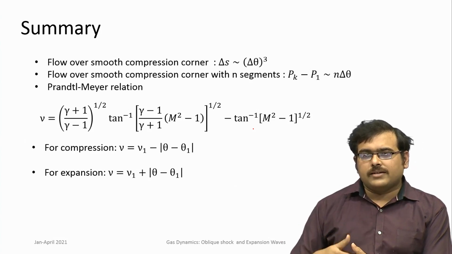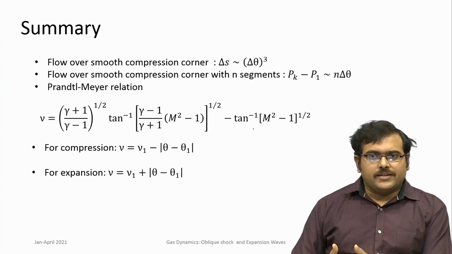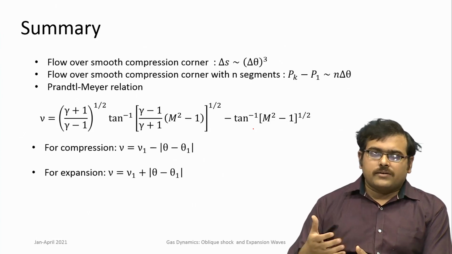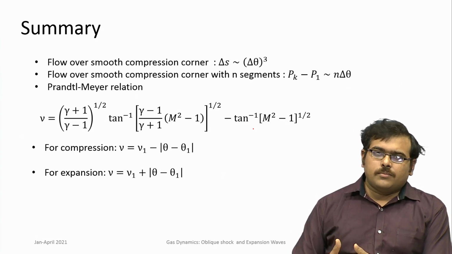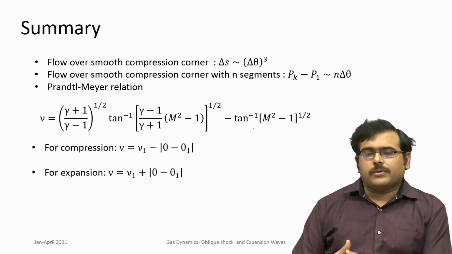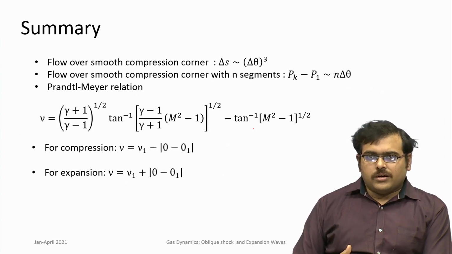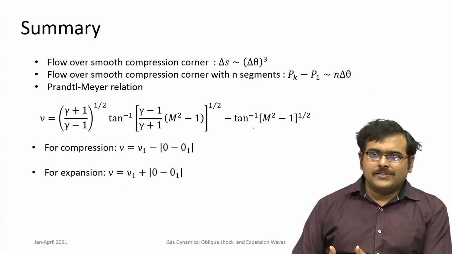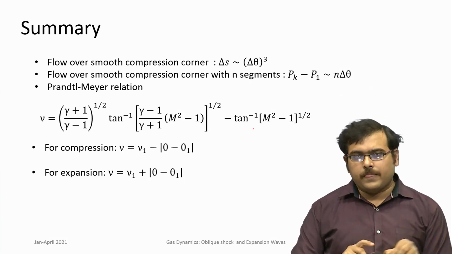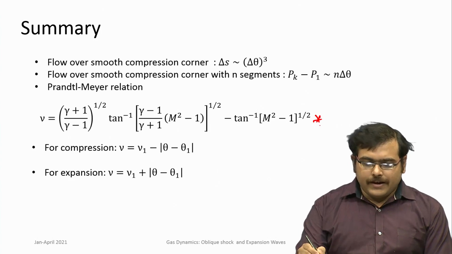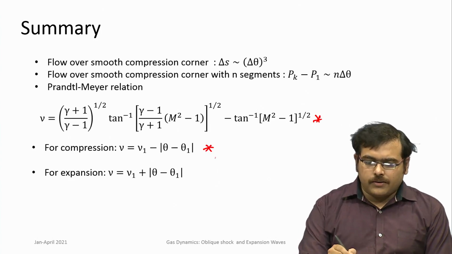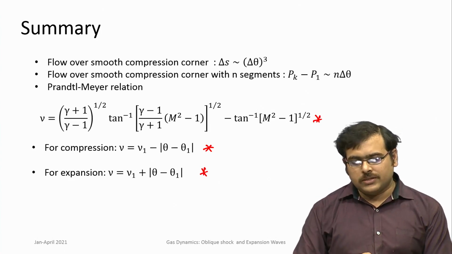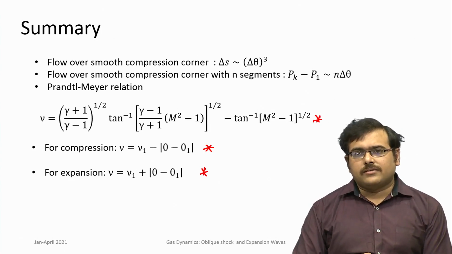Then the Mach number increases, and pressure, temperature and density decrease. How to calculate pressure, temperature, density? Very simple, it is an isentropic flow, so use isentropic relations. So using those concepts, we came to the Prandtl-Meyer analysis and the Prandtl-Meyer relation, and these are the relations for a smooth compression or an expansion.